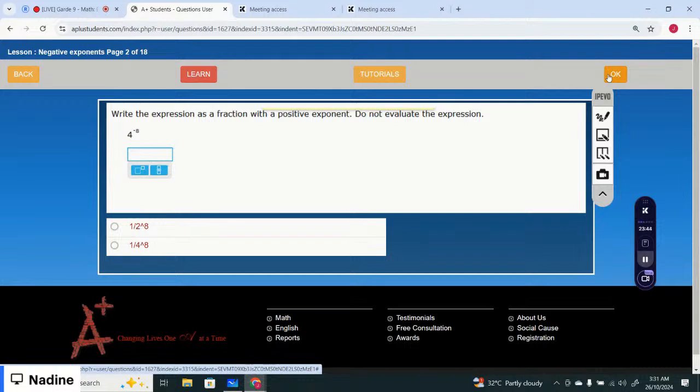So you can make it positive by writing it in the denominator and 1 as the numerator. So option number 2 is the correct option. That is 1 over 4 exponent 8.